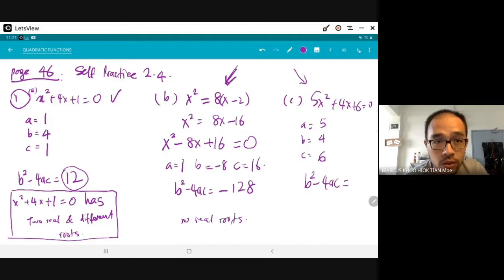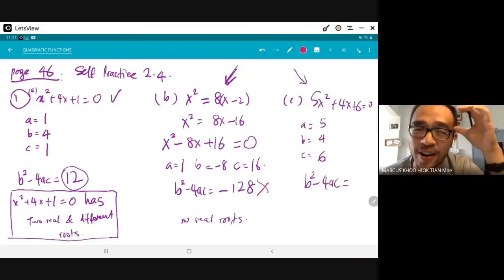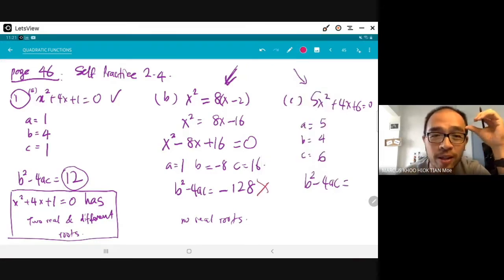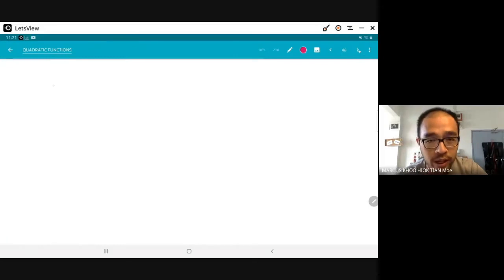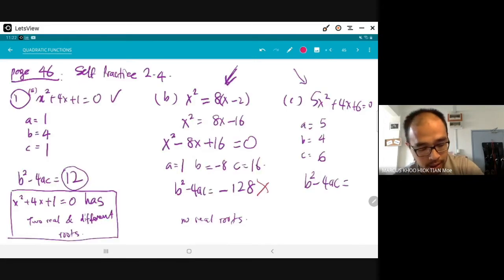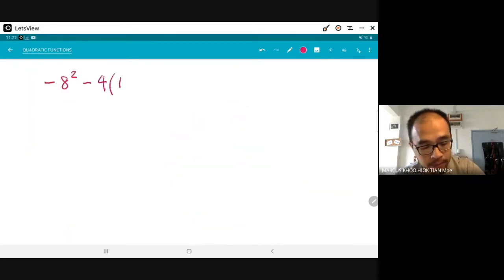Okay, so I want to tell you, Benedict, this one, the answer is wrong. It's not negative 128. Yesterday, somebody in your class asked me about this. Let me see how you write. You write like this, right? Negative 8 squared minus 4 times 1 times 16.